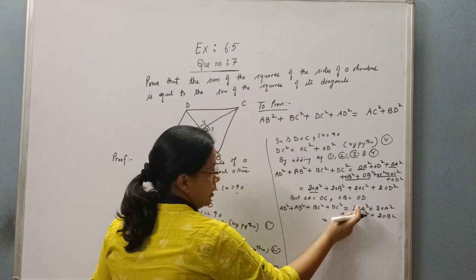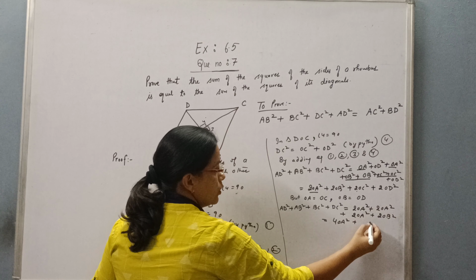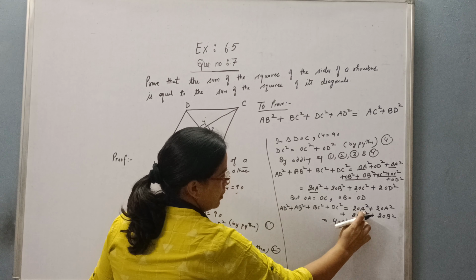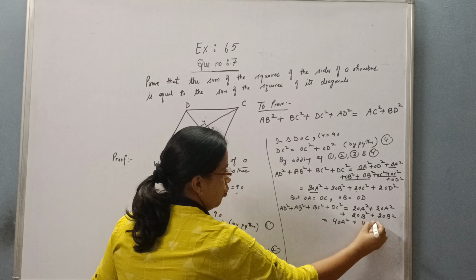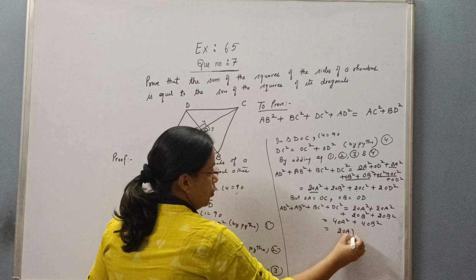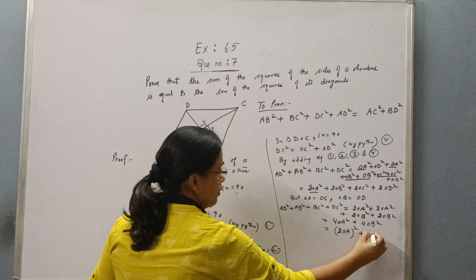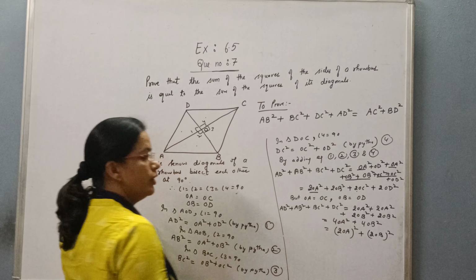Now you can clearly see OA square plus OA square plus OA square plus OA square is 4 OA square, and OB square four times is 4 OB square. Now we can write it as 2OA whole square plus 2OB whole square, because the square of 2 is 4.